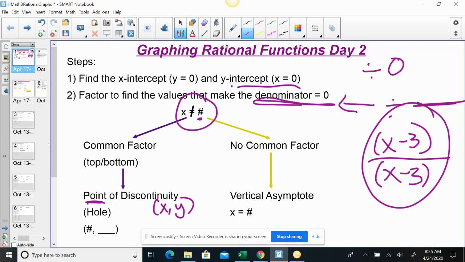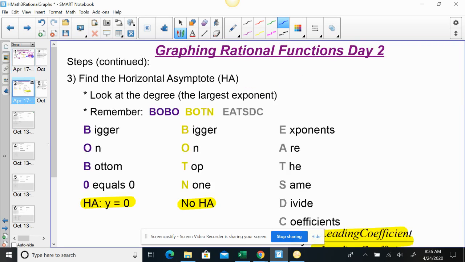If there is no common factor, but there's still something else down there, say an x plus 2, then that value, which would be negative 2 because that's the one that would make it equal 0, would be a vertical asymptote. We are going to do examples of this, so just bear with me.